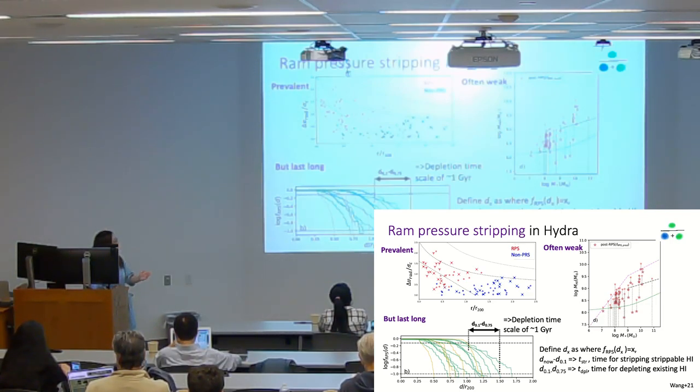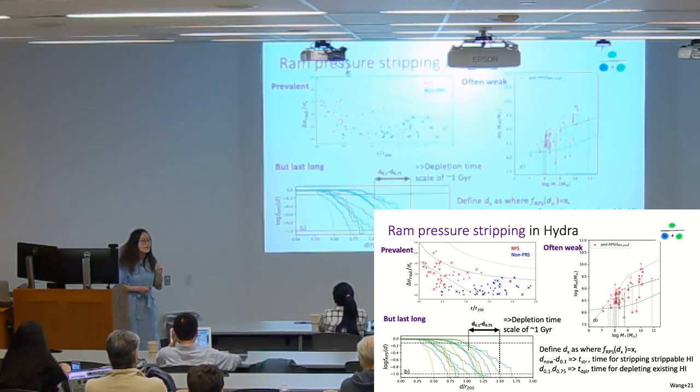If we subtract the strippable H1 from the total H1 at the moment, most of the galaxies only move slightly in the space of H1 mass as a function of stellar mass. Most of the stripping is quite weak. And meanwhile, the stripping for many of the galaxies tends to last long. We do this experiment.